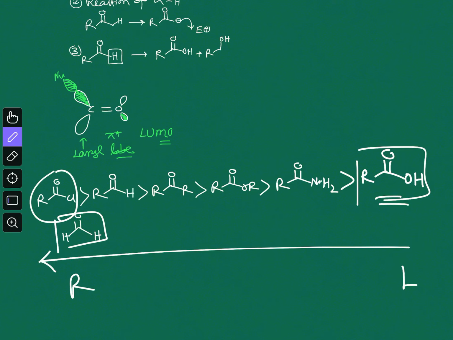Two factors are responsible for deciding the reactivity of any carbonyl functional group, and that is the electrophilicity of the carbonyl carbon atom, that is how much electron deficient it is. The more electron deficient the carbonyl carbon atom is, the more reactive it will be. And the second factor is the steric hindrance around this carbonyl functional group.